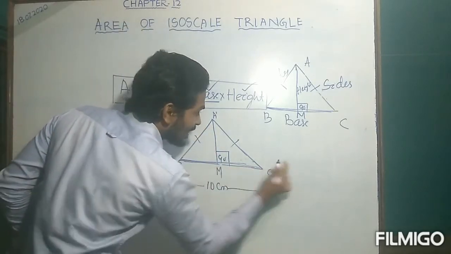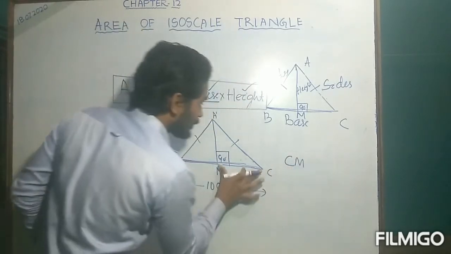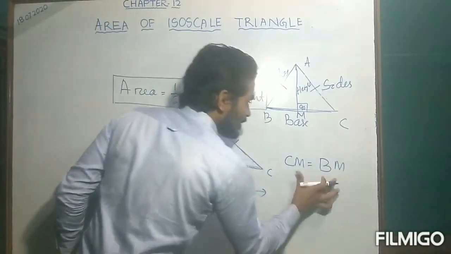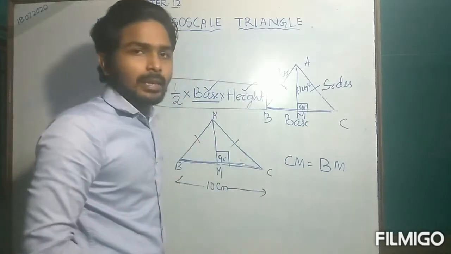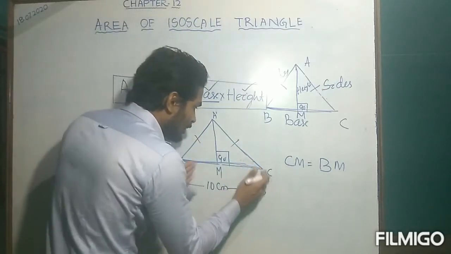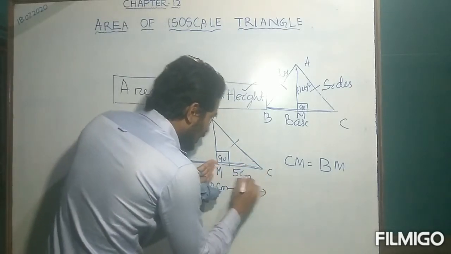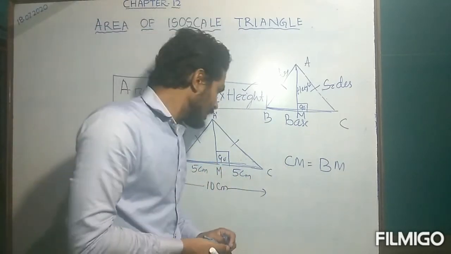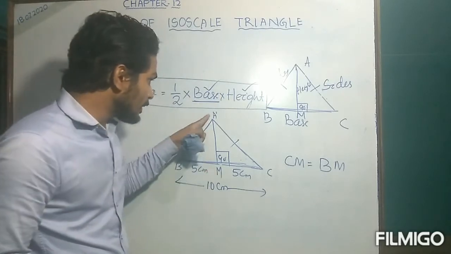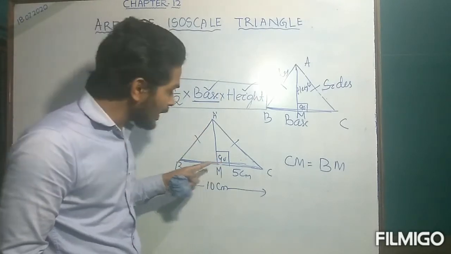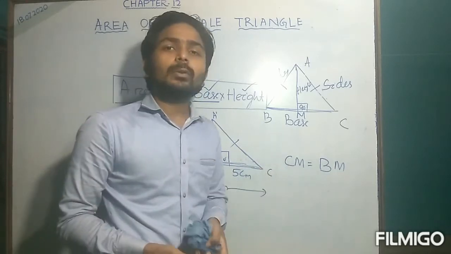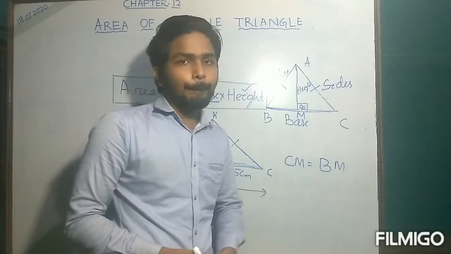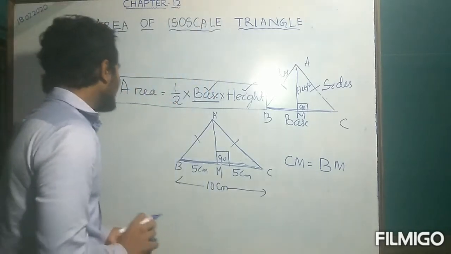Then we can write CM is equal to BM because these are the two equal halves. And if it is 10 cm, then this will be 5 cm and this will be 5 cm. So we got that the height of the isosceles triangle divides the base into two equal halves, so that BM is equal to CM. Clear? So you can write it.